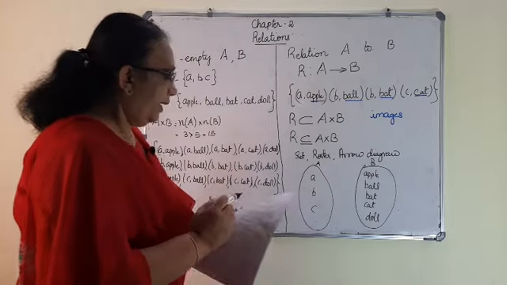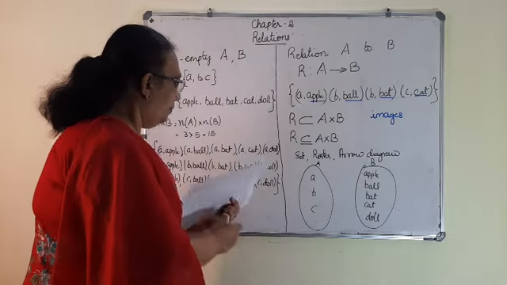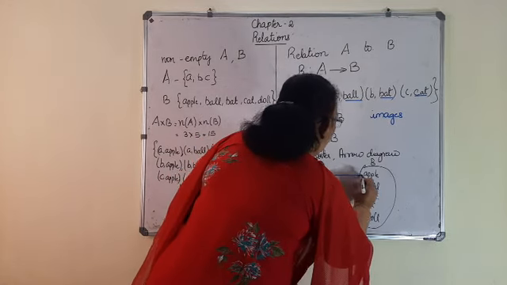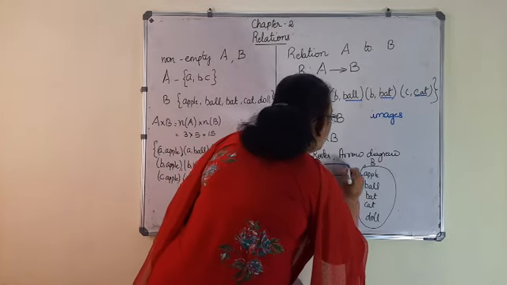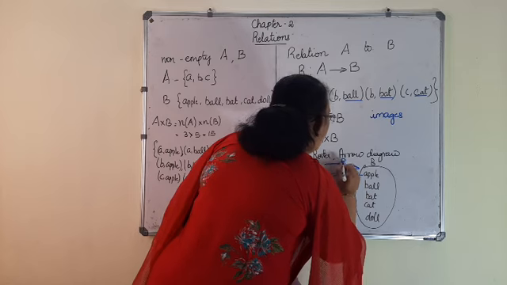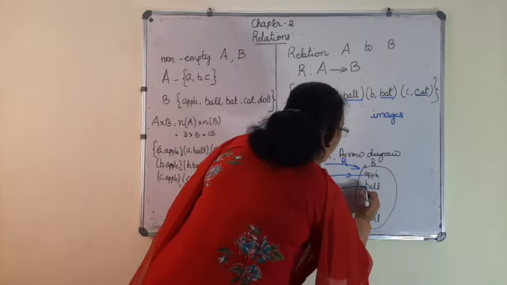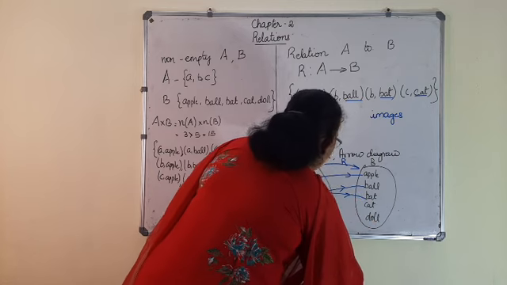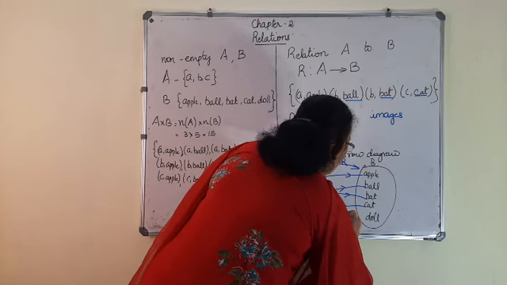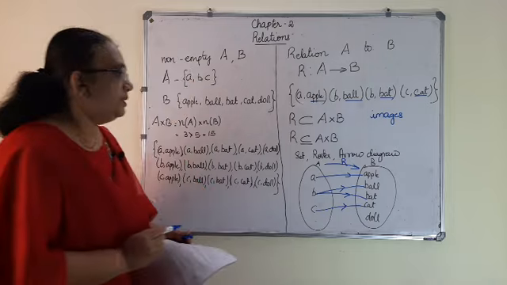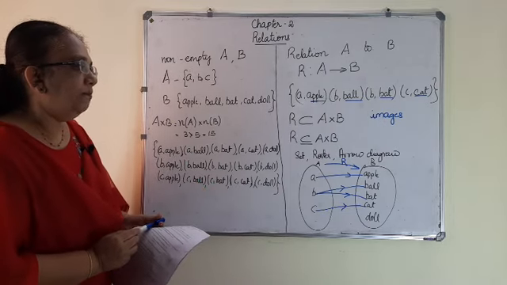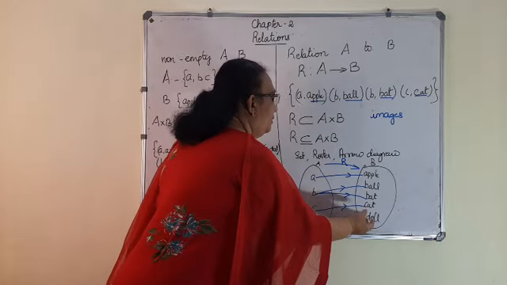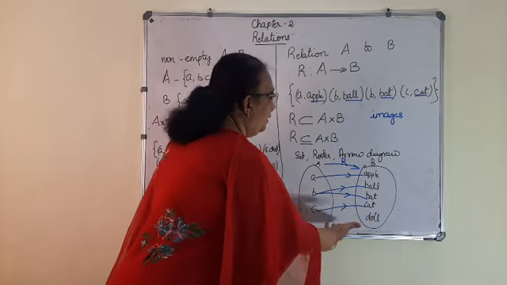Here the relation is marked as a for apple, therefore there is a relation from A to B, b for ball, b for bat, c for cat. So the images are apple, ball, bat and cat. Doll is not an image of any element.